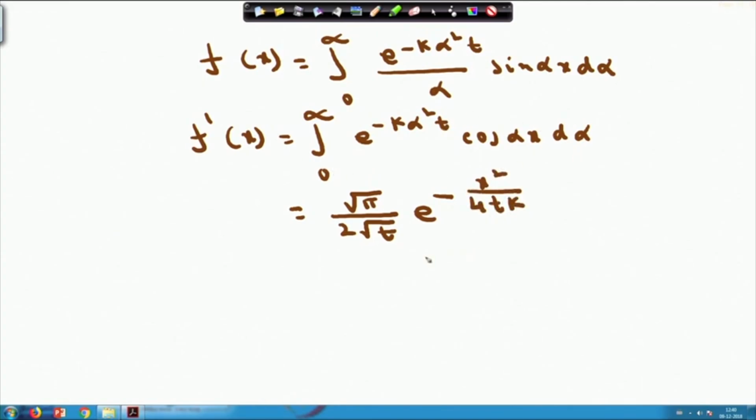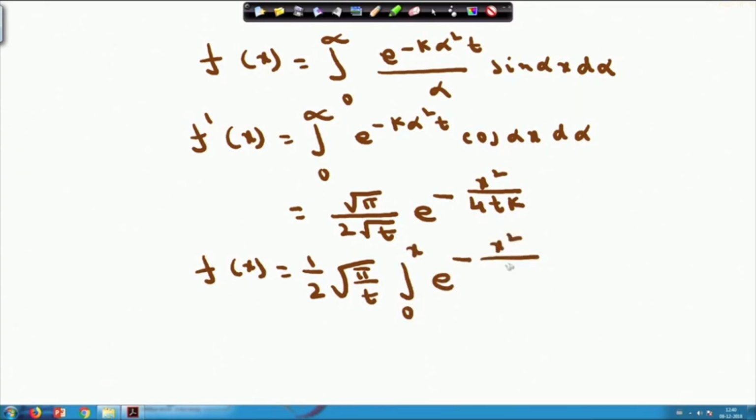So, effectively what is happening over here, your f x is becoming half into root over pi by t, integral 0 to x e power minus x square by 4 t k into dx.